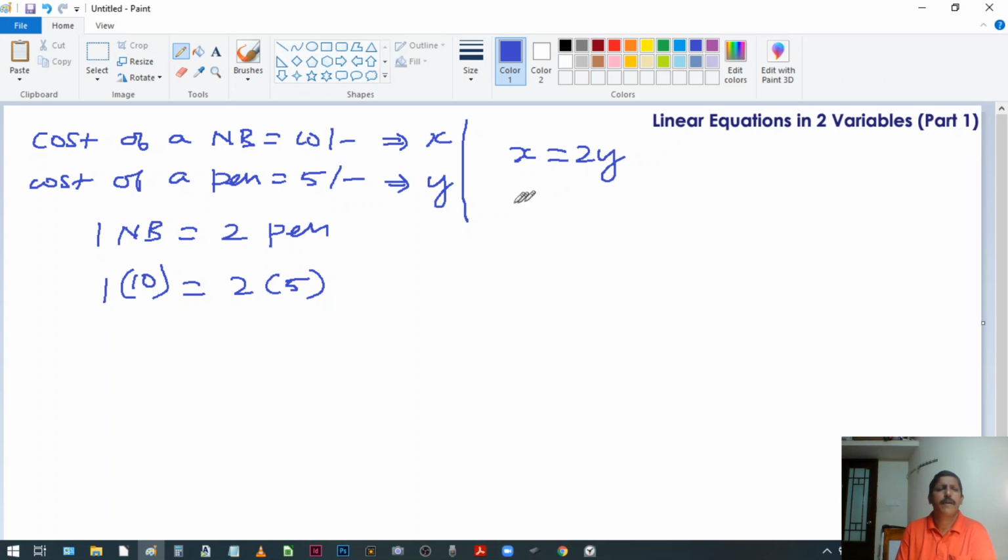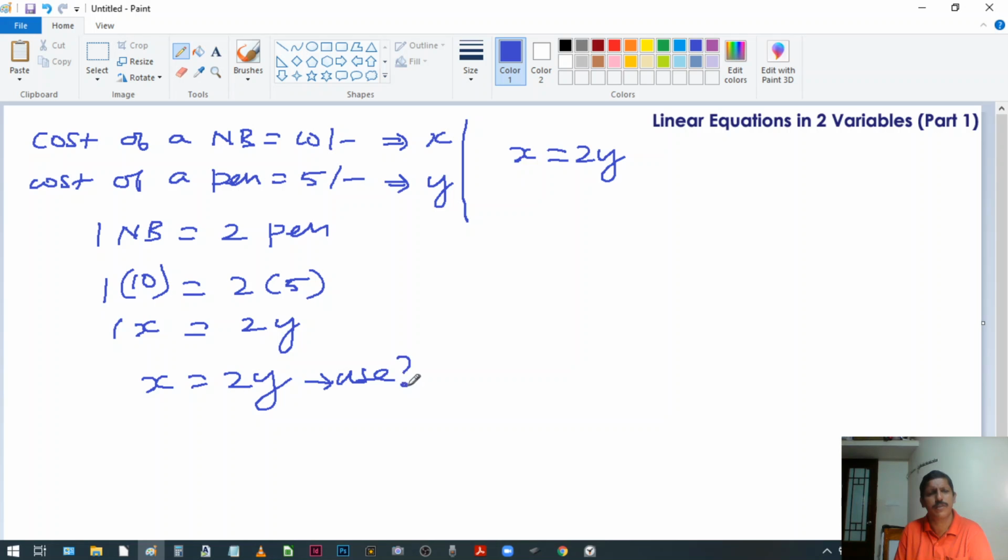Now see this one. 10 is called x, and 5 is called y. So can I say x is equal to 2y? Yes. So this is an equation. From the problem we make an equation. Now what is the use of this equation?